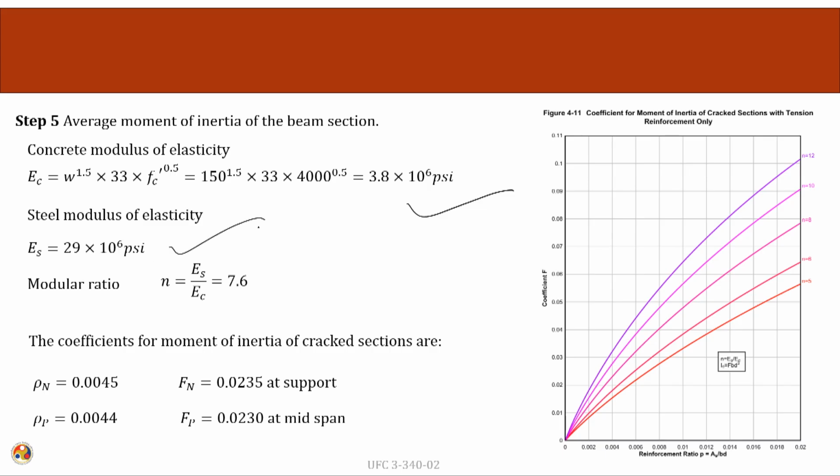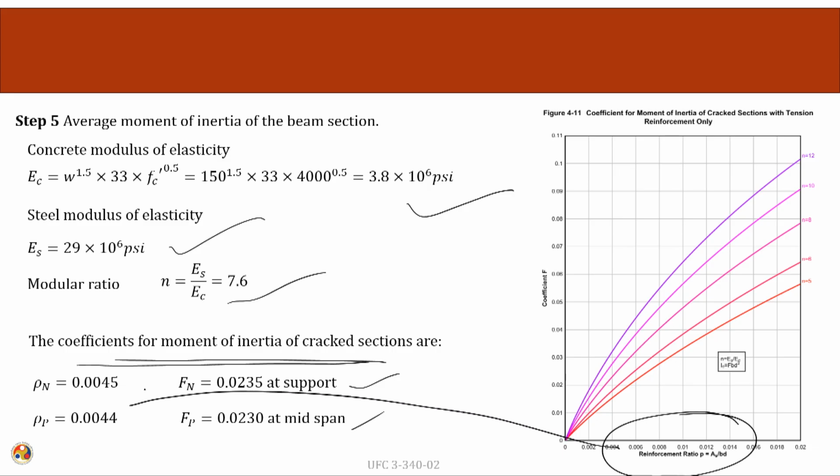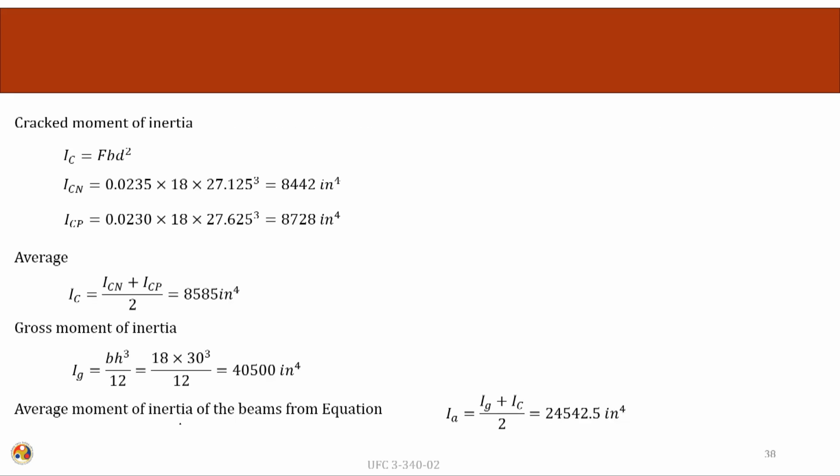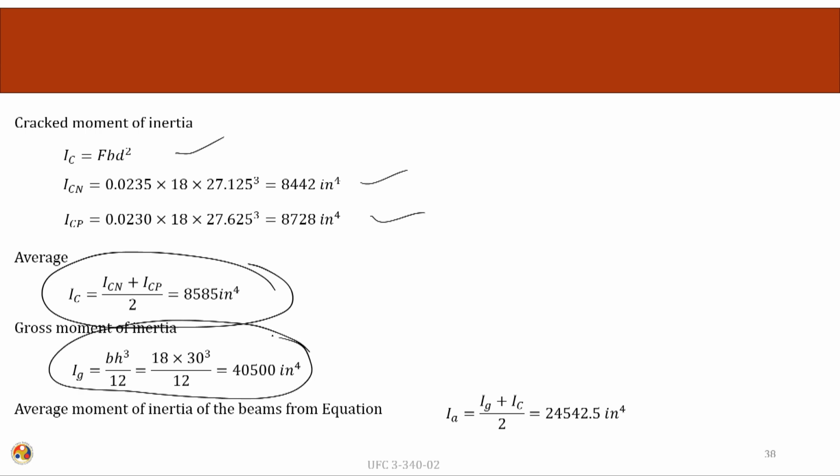Steel modulus we already know, so we calculate the modular ratio, and the coefficient of second moment of area for the cracked sections is also calculated. This graph is used to calculate the coefficients. From there we calculate the cracked moment of inertia coefficients, and then we calculate the average second moment of area, and we also calculate the gross second moment of area.